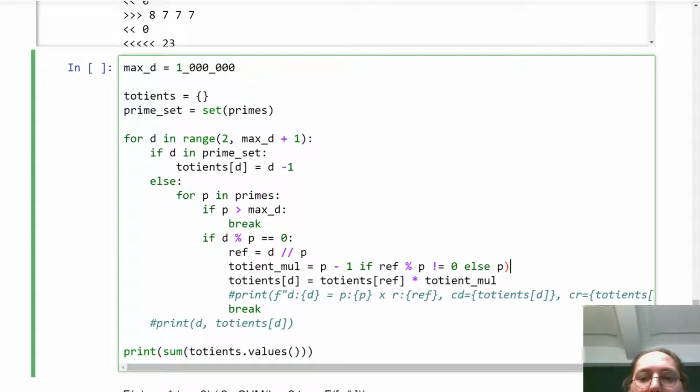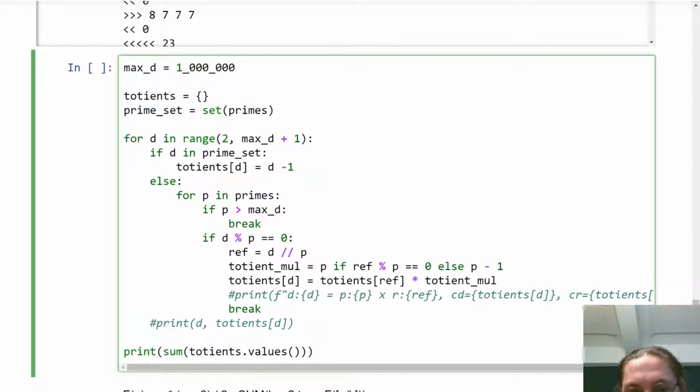But I would swap the conditions. Just p if ref equals 0, else p minus 1. Very good. This is always think positive. Or we can do it the other way around and we don't do different to 0, but we just remove the different. If ref mod p, that's it.